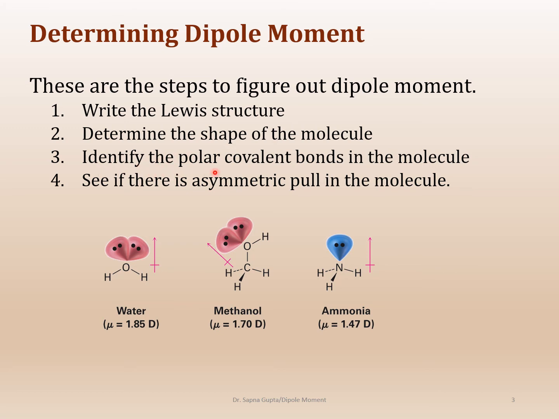The third thing is to identify the polar covalent bonds in the molecule. That is where you need the periodic table, and you need to know the difference in the electronegativity. You don't have to know the numbers. A general trend is good enough. And in some cases, if you do a few examples, which means if you do a few subtractions, then you can keep in mind which bonds are polar covalent and which are not.